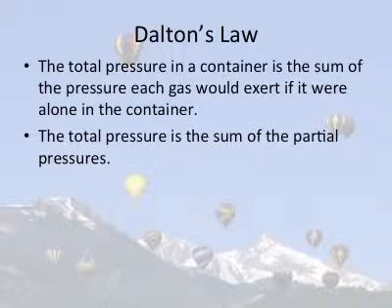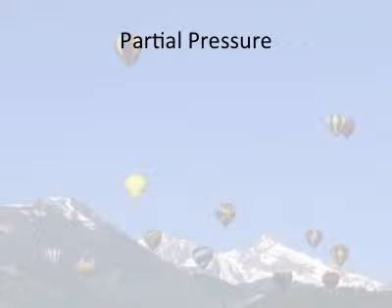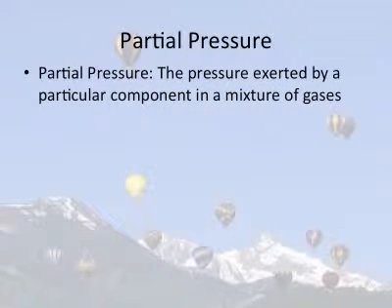Partial pressure, like I said in the soda bottle, each gas is exerting a pressure. You add all of their individual pressures up to get at the total. So each one is their partial. So partial pressure is the pressure exerted by a particular component in a mixture of gases.